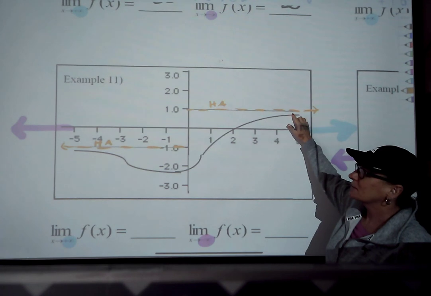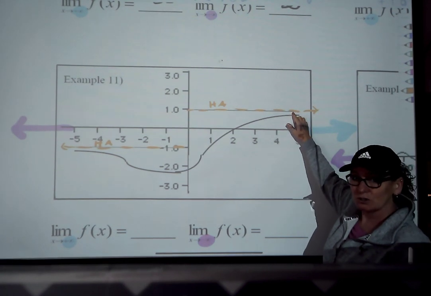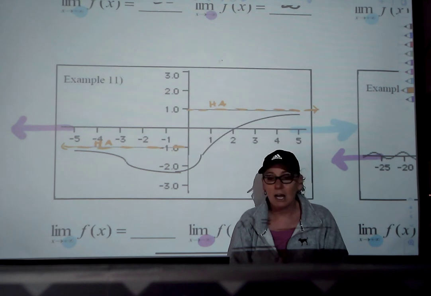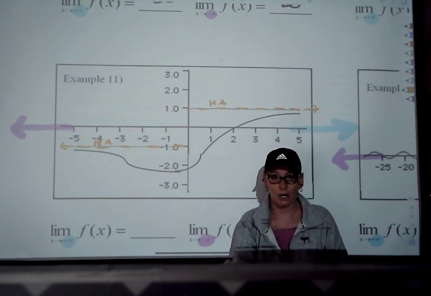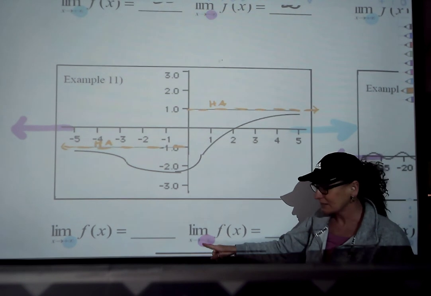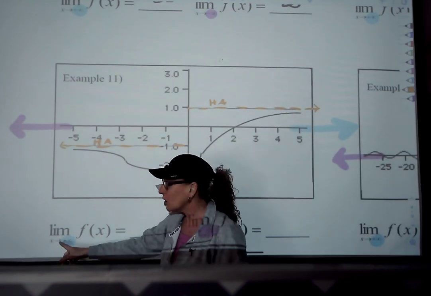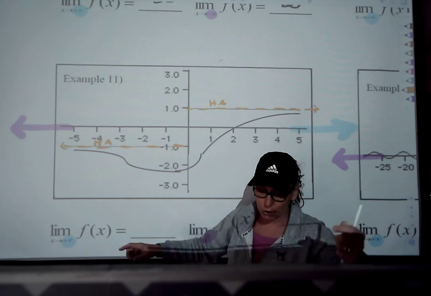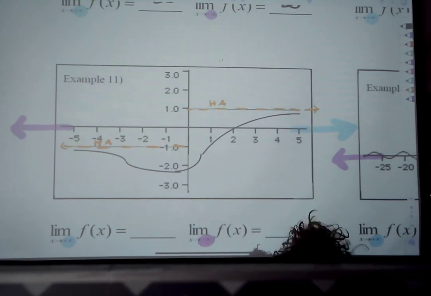So I think my y's are getting super close to 1. That's what a limit's all about. Do they ever reach 1? I don't know, and I don't care. As x gets close to here, what is y getting close to? It's getting close to 1.